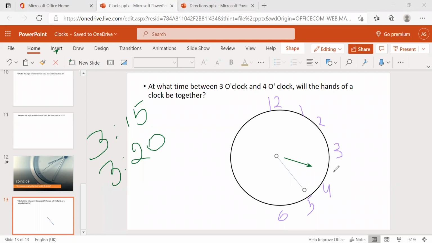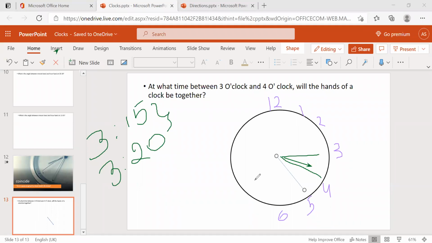If it is here, it's 3:15. If it is here, 3:20. So in between 3:15 and 3:20, it will coincide. Up to this, you just understand the concept.